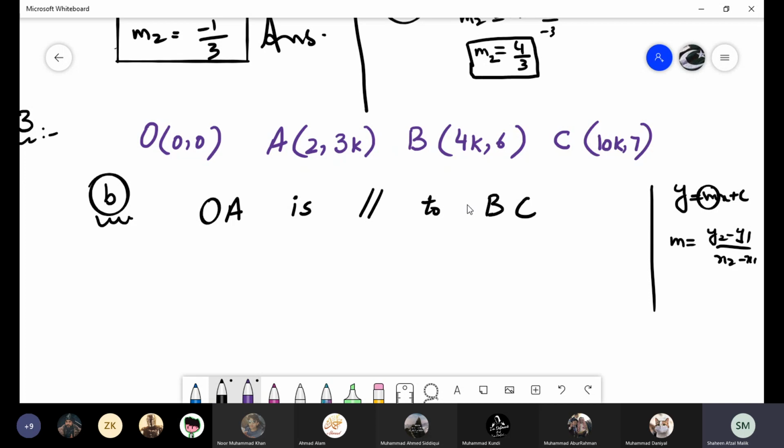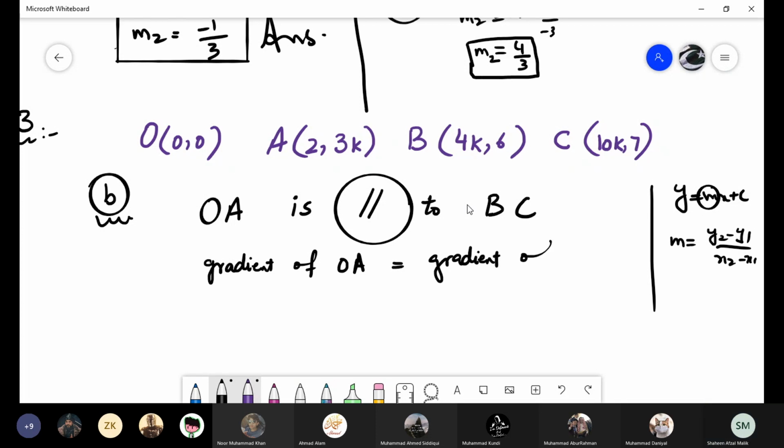Because the lines are parallel to each other, the gradient, or the slope, of OA is equal to the gradient of BC. What's the formula?